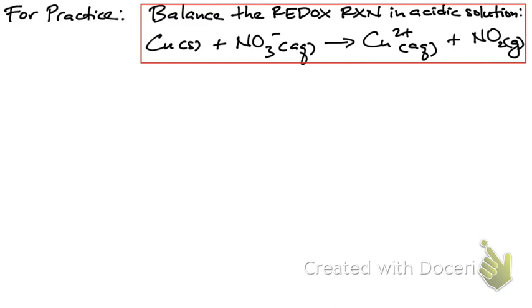Okay, here's another example on how to balance redox reaction under acidic conditions. So we have solid copper plus nitrate ion gives copper ion plus nitrogen dioxide. All right, so again, the first step here is to assign oxidation numbers. We have 0 for copper, +2 for the copper ion.